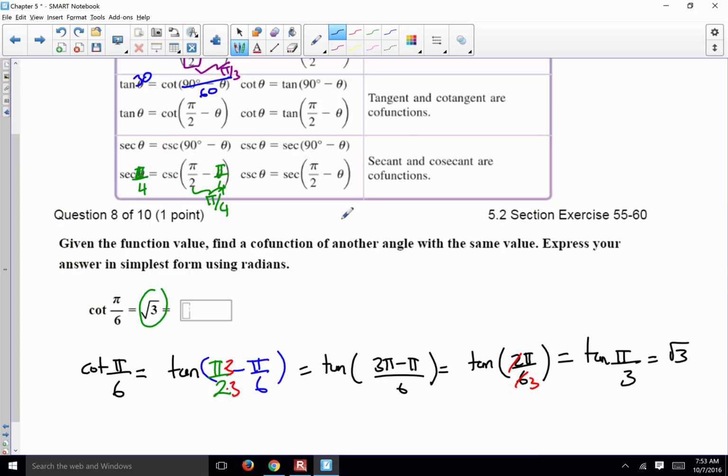But again, in case you hesitate, oh, I don't know tangent values, then convert this into sine over cosine and use these values instead. Sine pi over 3, at least you need to know these now, is root 3 over 2. Cosine pi over 3 is 1 over 2. They cancel and become root 3. Got it?